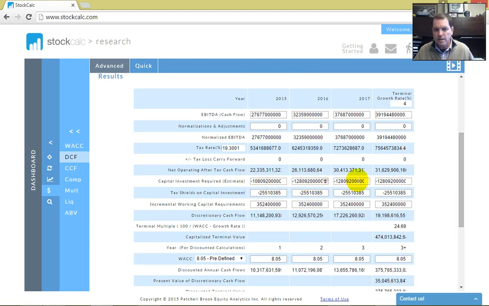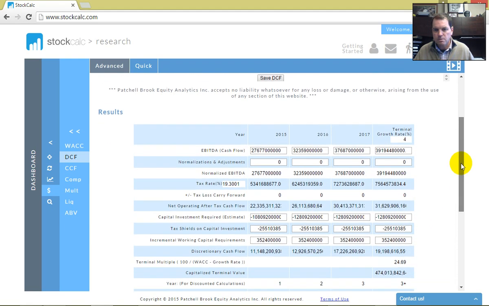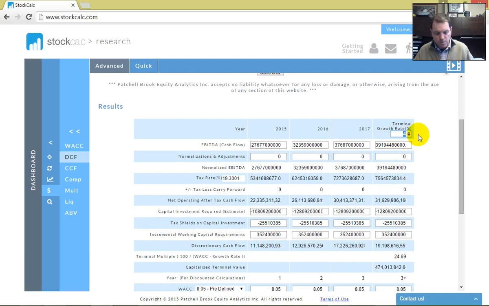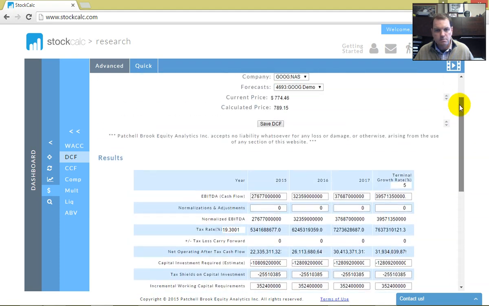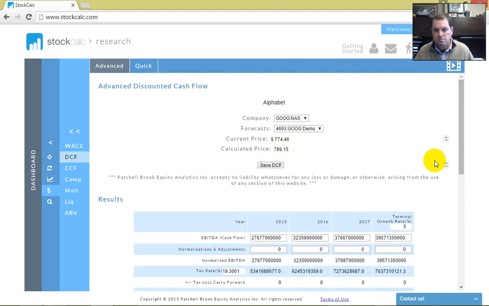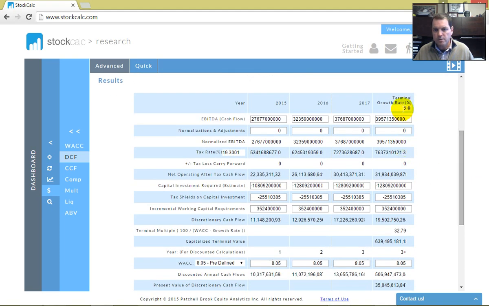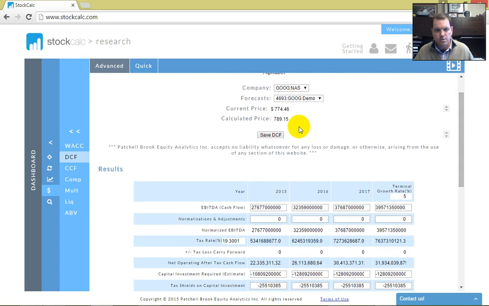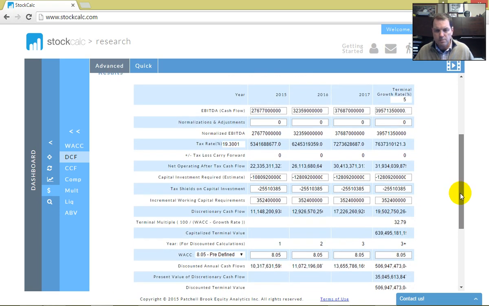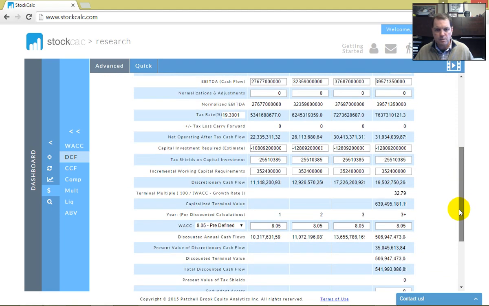So with those capital investment requirements, obviously our terminal growth rate has to be even higher to accommodate the current price. We would be looking at a terminal growth rate of 5% in order to reflect this. So that's a very strong terminal growth rate for a company to expect to grow at 5% forever. Generally, we expect 3 to 4% for most companies.